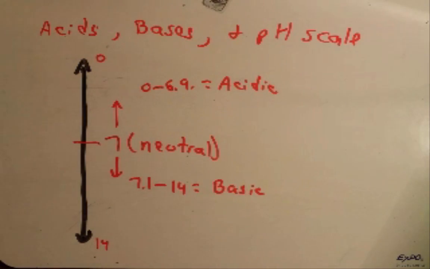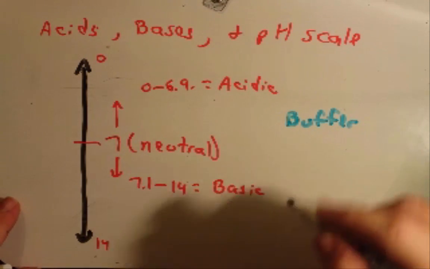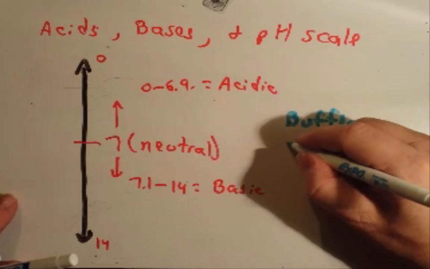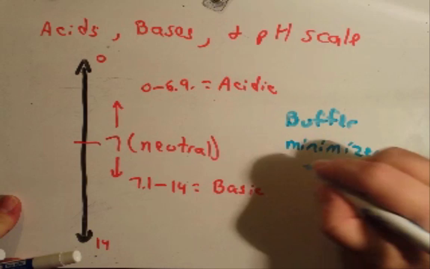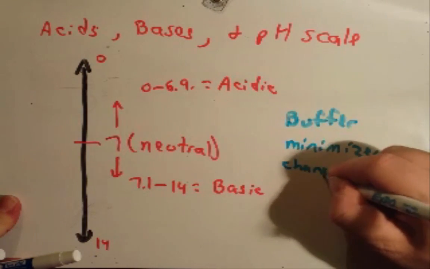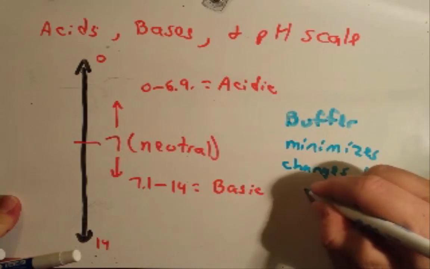I also want you to know what a buffer is. It's important that our cells, and chemical reactions that you might be doing outside of our bodies, have buffers, but for our cells these buffers are very important. And essentially what a buffer does is minimize changes in pH.